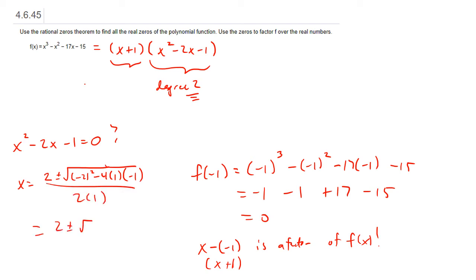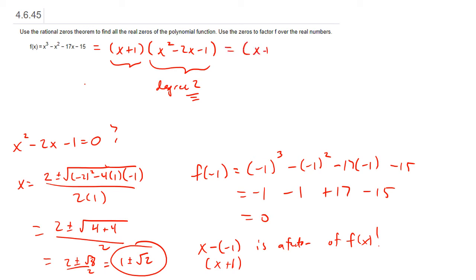So 2 plus or minus the square root of, let's see, this is 4 plus 4 over 2. 2 plus or minus root 8 over 2, which simplifies down to 1 plus or minus root 2. Okay, so now we found some roots.